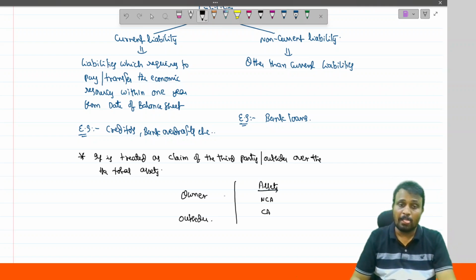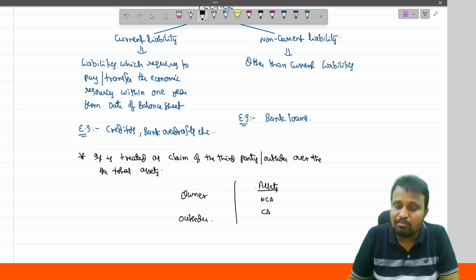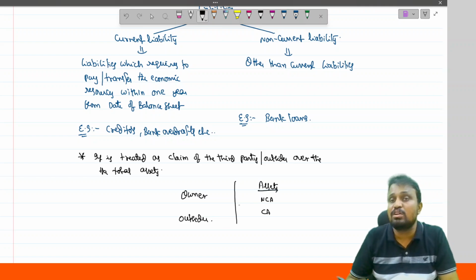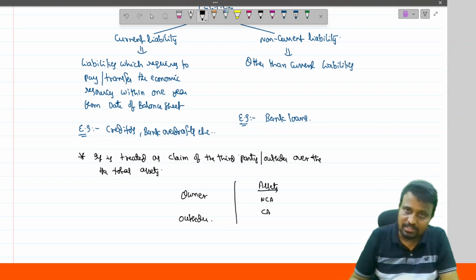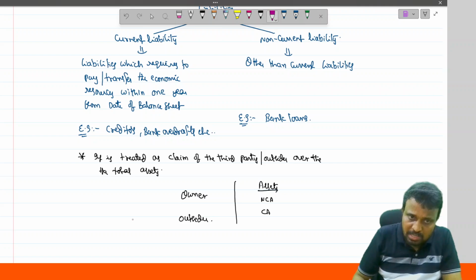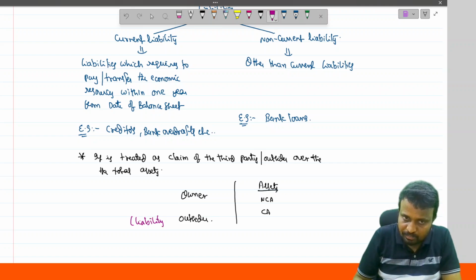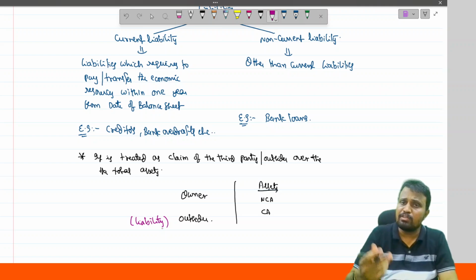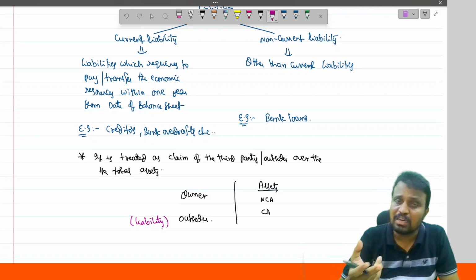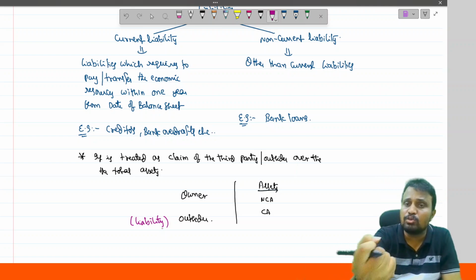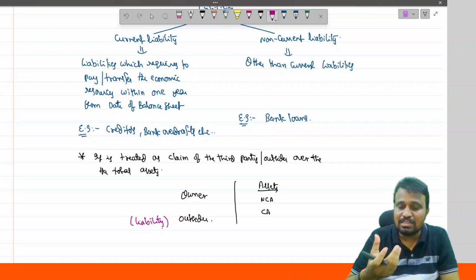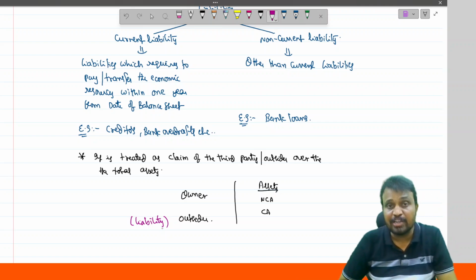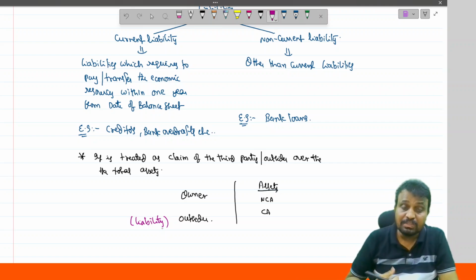The owner has a claim over all these assets, and the outsider also has a claim over all these assets. The outsider's claim is treated as a liability. If you are unable to pay the amount to the outsider, then the outsider has a right to seize or take over the respective asset.